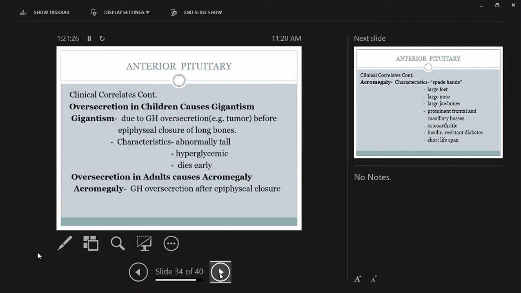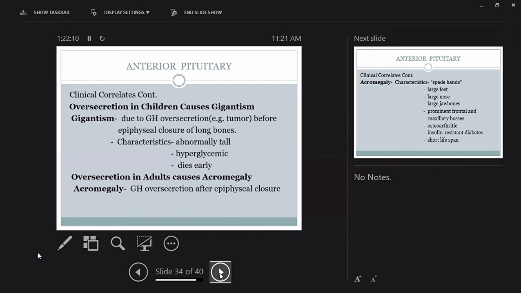Oversecretion of your growth hormone will cause gigantism. For example, if there's a tumor in the pituitary, and this tumor occurs before the closure of the epiphysis of the long bones, the child is abnormally tall, but hyperglycemic, diabetic, so the tendency is the child dies early. Oversecretion in the adults causes acromegaly.